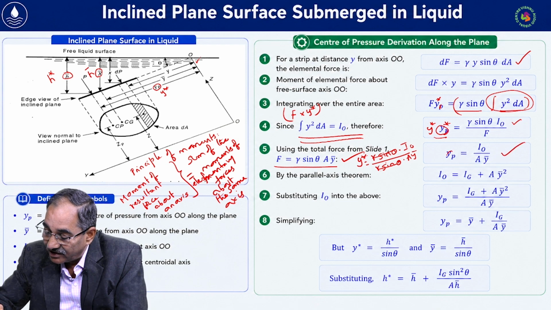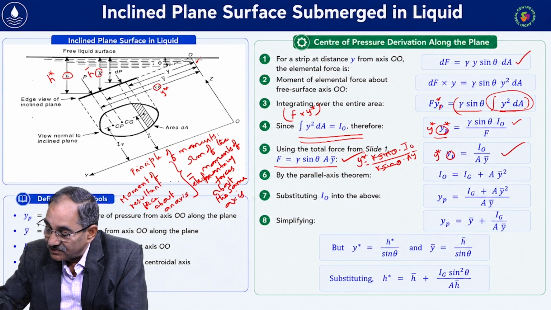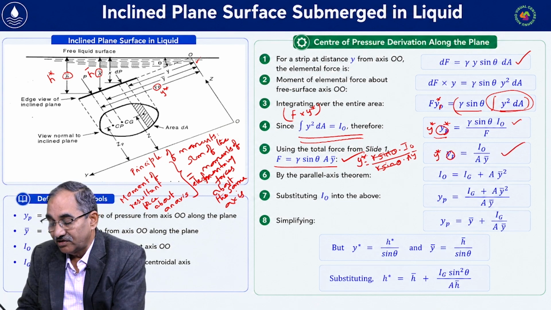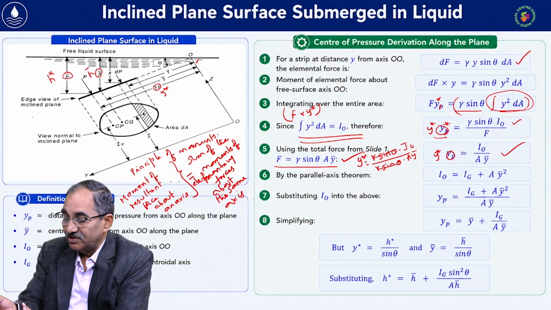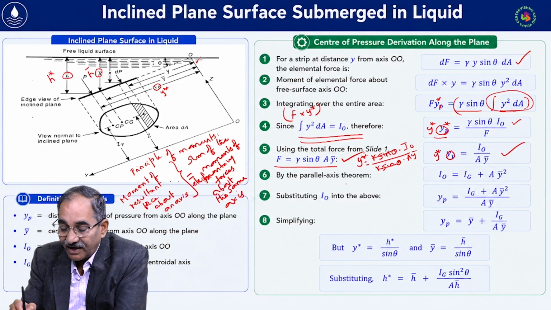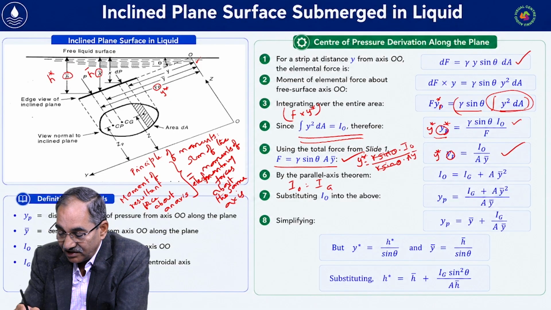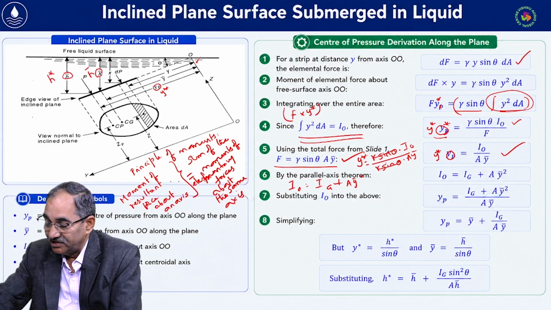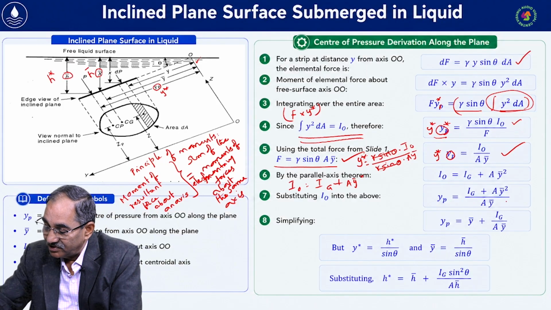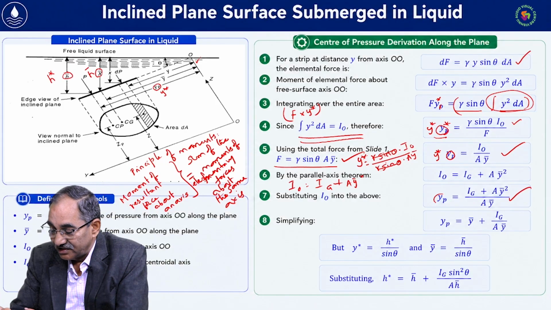So y star is equal to I naught by A y bar. By the parallel axis theorem, which we studied yesterday, I naught is equal to Ig plus A y bar square. So we substituted this as it is. So this is y star.